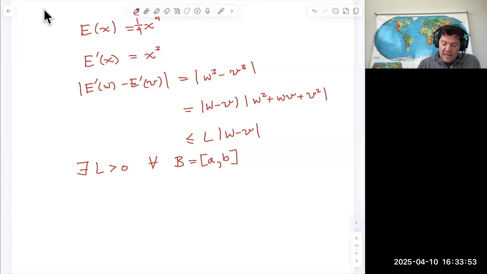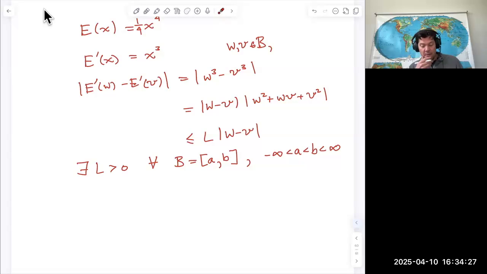So that means that A and B are just good old-fashioned real numbers. So for every B, I can always find an L such that these, if they're required to stay in B, okay, that's number one. So we say W and V have to remain in our set B. Then of course this calculation follows, right?